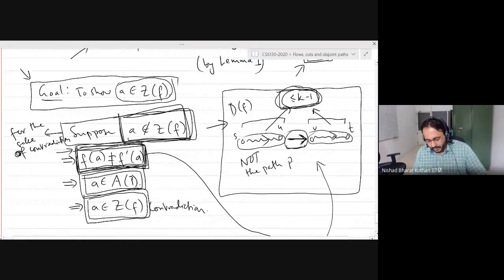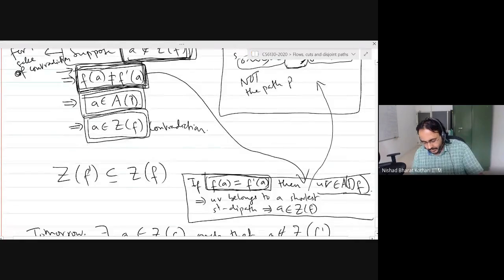And so, if the flow does not change, then what would happen is that UV would also be an arc in the original auxiliary digraph, because it is an arc in the new digraph. So if you don't change the flow, then the arcs between U and V don't really change. Think about it. How do you construct the auxiliary digraph from the given digraph? So in that case, this arc would exist even in the digraph DF.